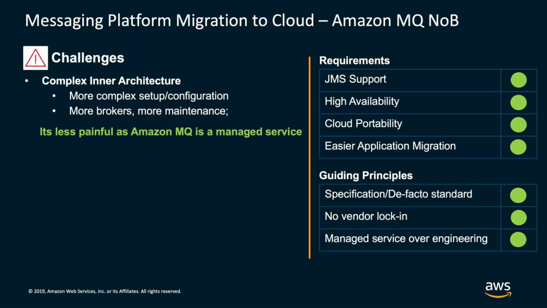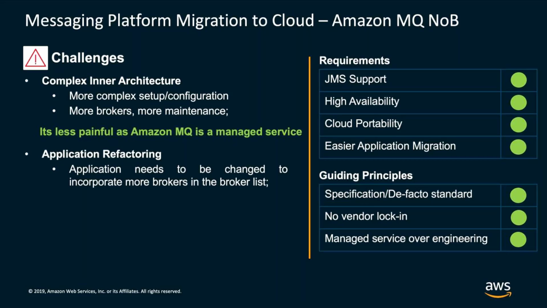Now the second challenge is application refactoring. With a default Amazon MQ configuration, my broker list had only 2 brokers in master slave mode. Now if I have this 5 broker based topology with 4 brokers in mesh, my broker list for applications in prod region and DR region would be different.